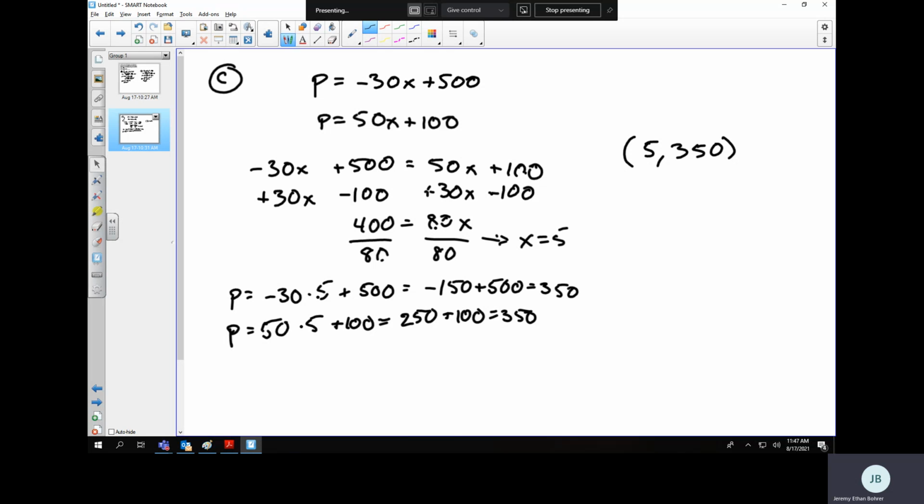That is, they are going to make 5,000 DVD players and sell at $350, which is a very dated problem since nobody buys DVD players anymore and certainly wouldn't buy them at $350 each.